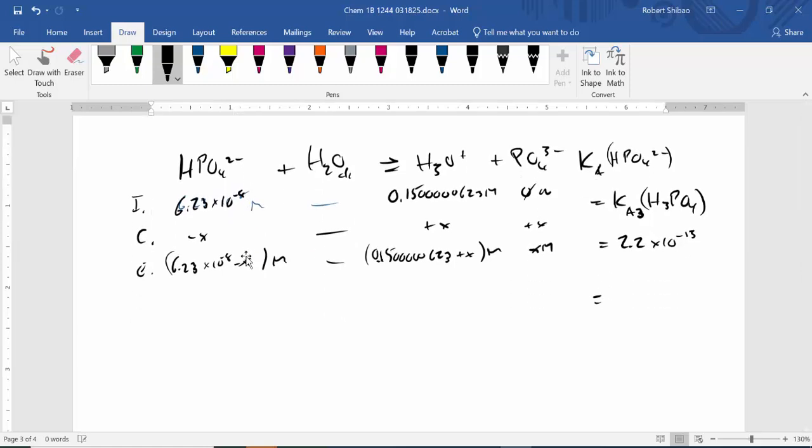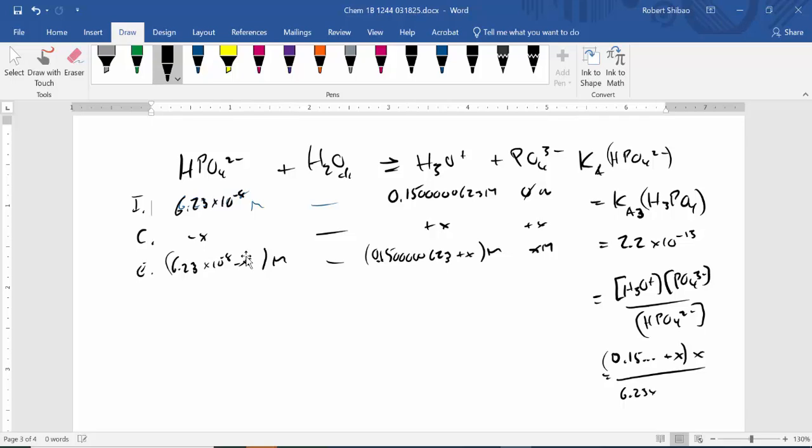So we'll put this into the equilibrium constant expression. The equilibrium constant expression is going to be the hydronium times the phosphate divided by the monohydrogen phosphate. And so this is going to be 0.15 plus x times x divided by 6.23 times 10 to the minus 8 minus x.